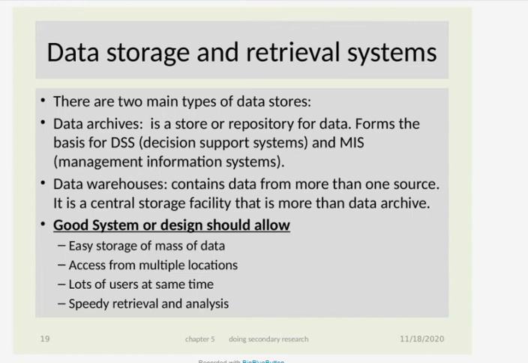الداتا اللي هي موجودة في الوير هاوسز دي they are usually useful for supporting management decision making, and in many cases the purpose of these warehouses is to support the decision making process.